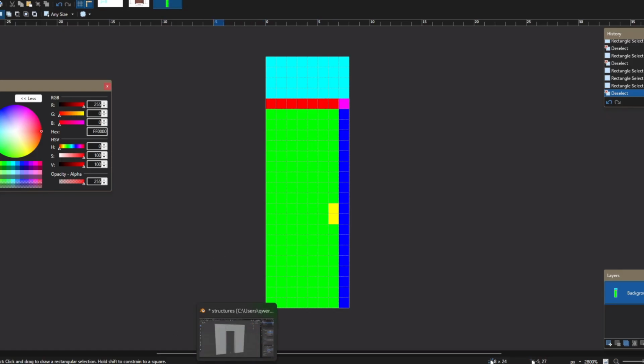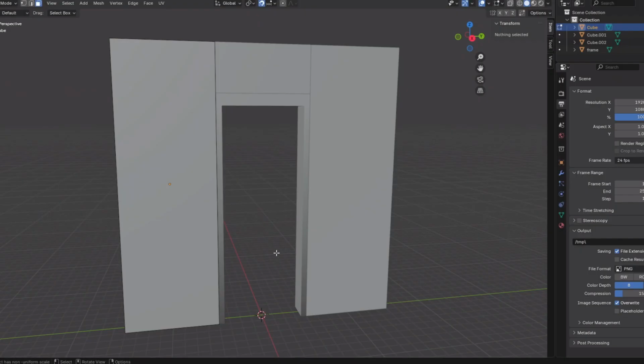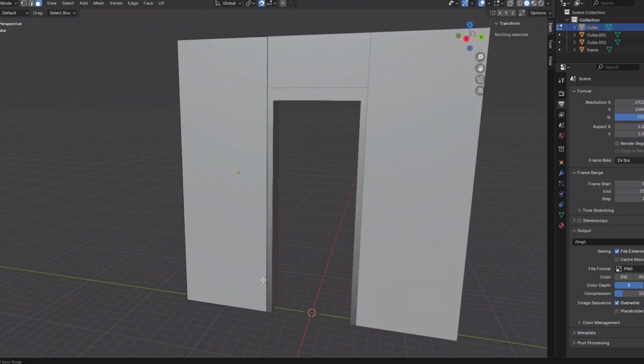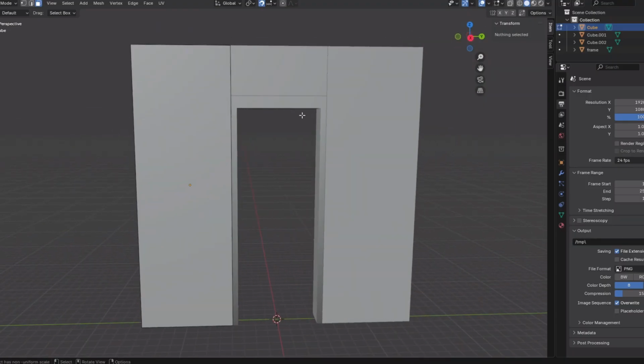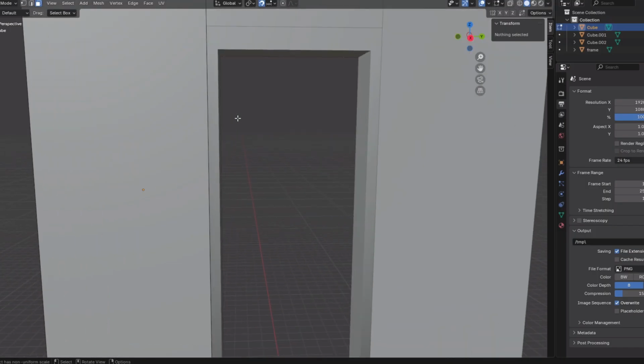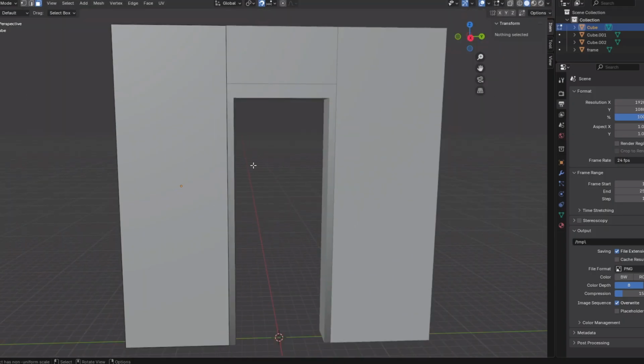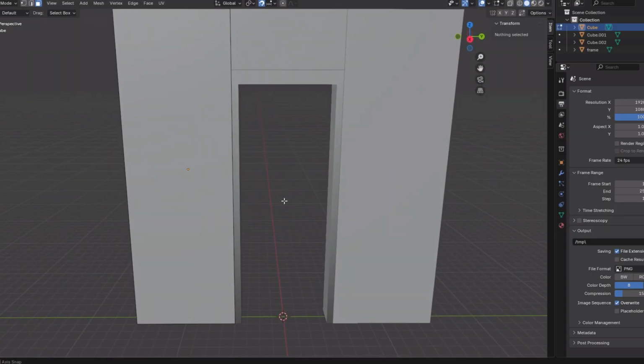Oh, and for the door frame sides, since the door frame here is going to be half on either side, that means the minimum would be more like 4 instead of 8, but it will still fit pixel perfect.